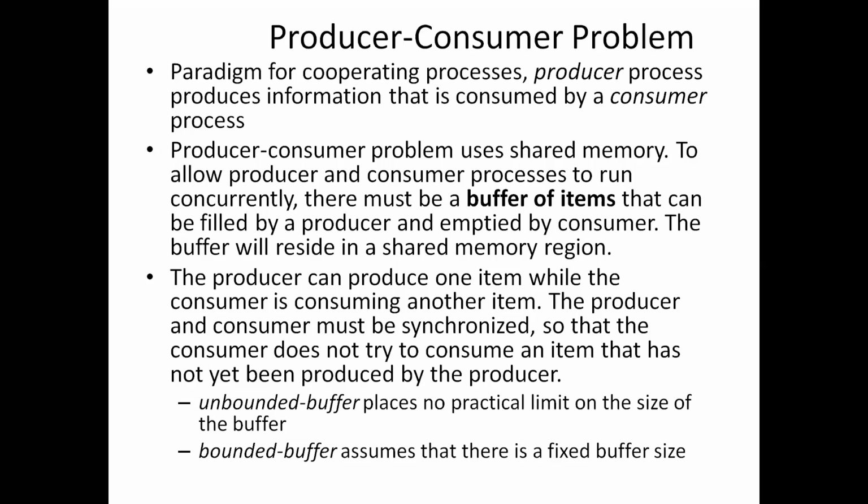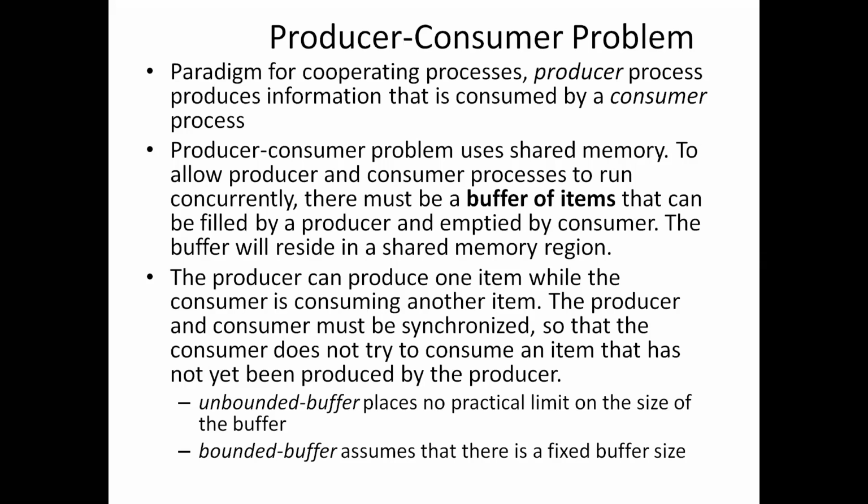In this unbounded buffer, the producer need not wait at all. He will keep on producing the items. The consumer may have to wait for a new item if the producer has not produced even a single item.